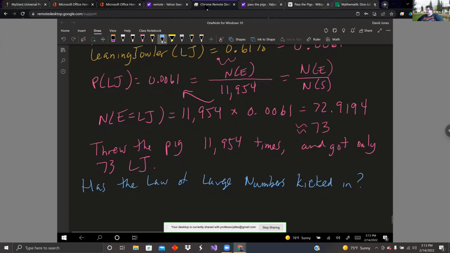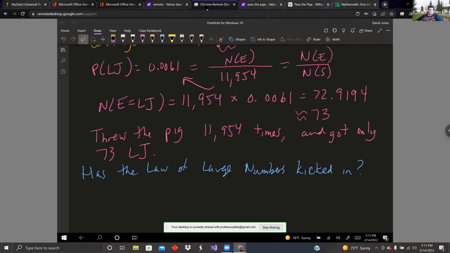The reason why I picked leaning jowlers to test this on is because I can calculate the number of any of them doing this same process, multiplying the total, the 11,954, by their probability. I can figure out how many times they rolled each one. Has the law of large numbers kicked in?